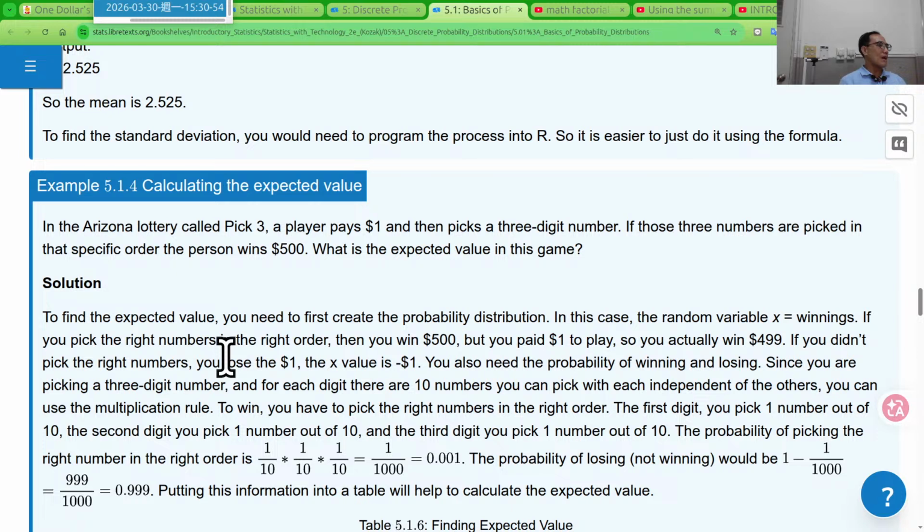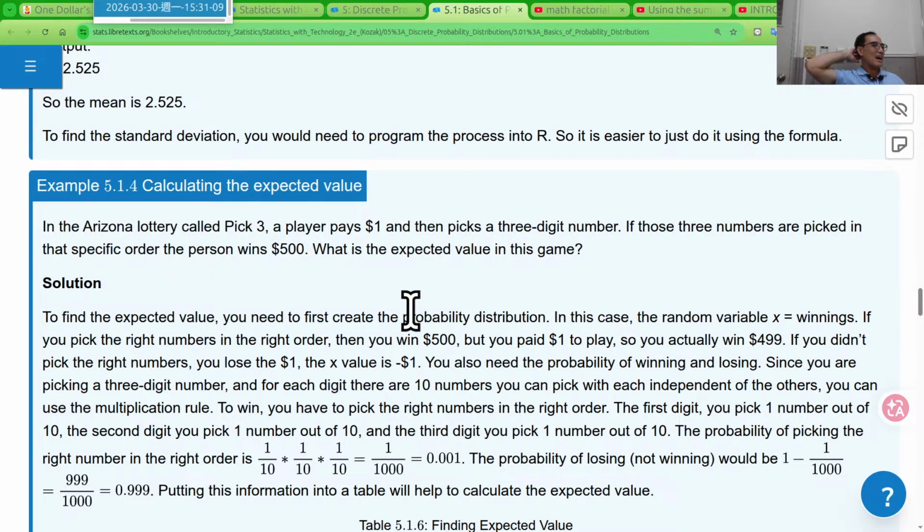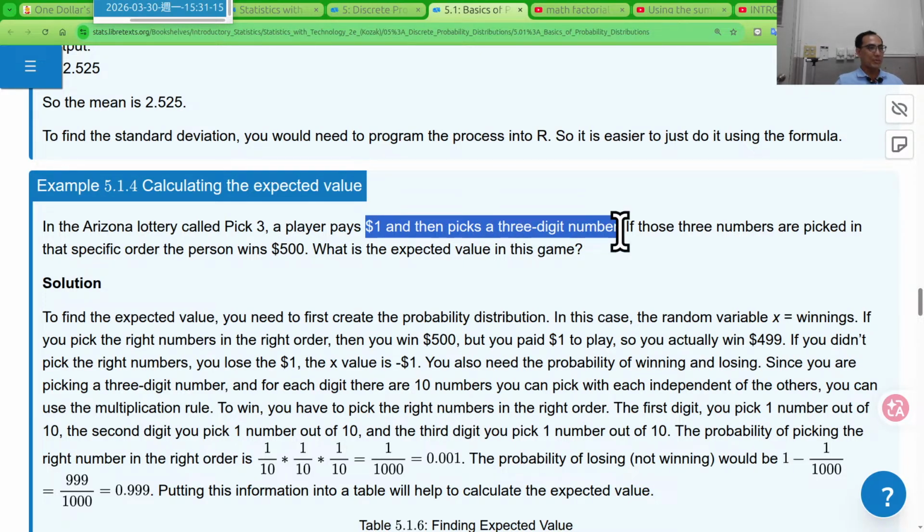Example 5.1.4, calculating the expected value in the Arizona lottery called Pick 3. I don't know the name of the lottery because I used to live in New York State, not Arizona. A player pays $1 and picks a 3-digit number.